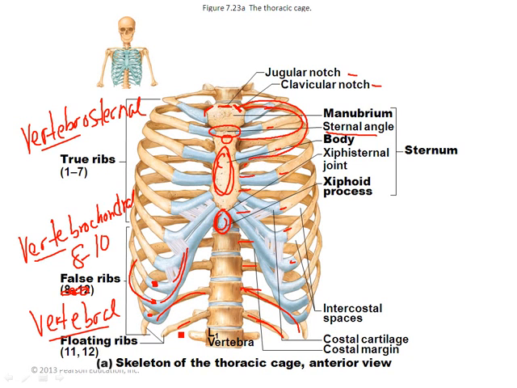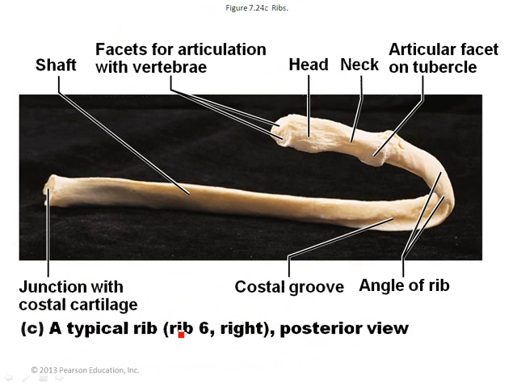Now, of course, we've got to know something about those ribs. Remember, we're going to learn the bones, and we're going to learn some features. So here's a rib, and the features you need to know are the head, which is basically the end that connects to the vertebra. This little thin area here is the neck. You have a tubercle here, and anytime you see the word tubercle, that just means a bump.